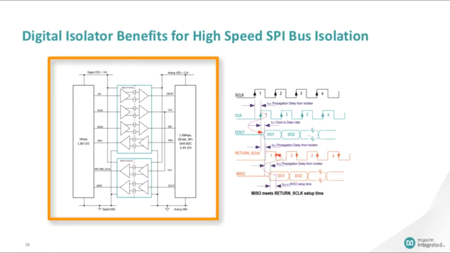Consider the circuit arrangement shown here, which is typical of isolated high-speed SPI communication between an FPGA and an ADC. The ADC is isolated from the FPGA using the MAX14935 isolator as shown. SCLK is used to clock data from the FPGA to the ADC.